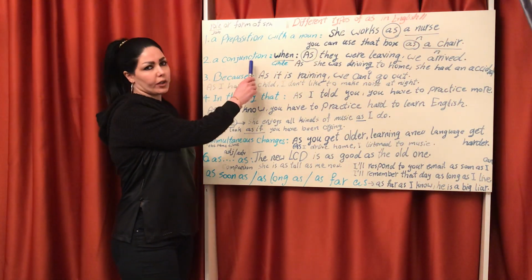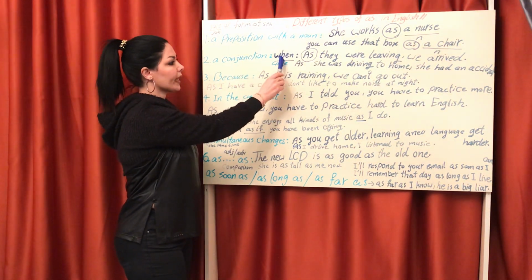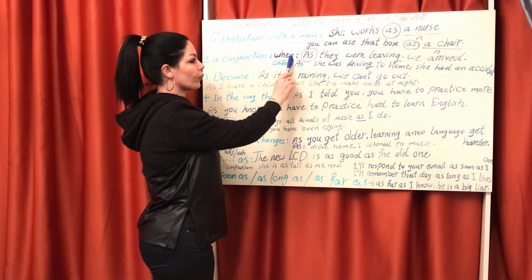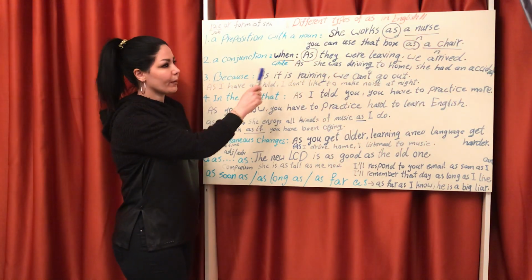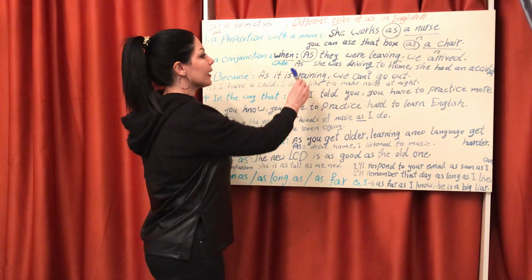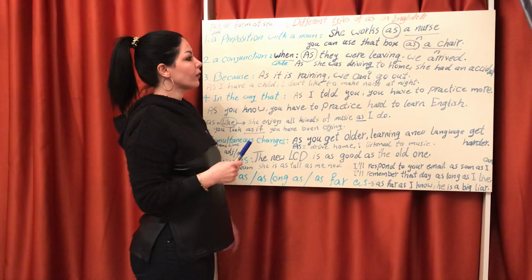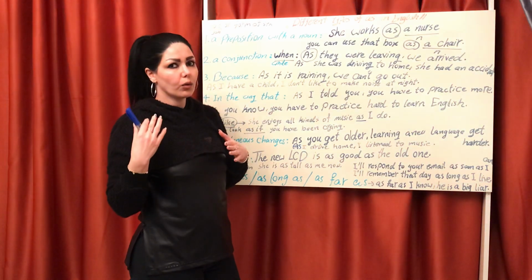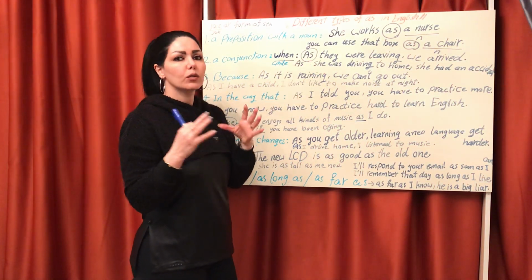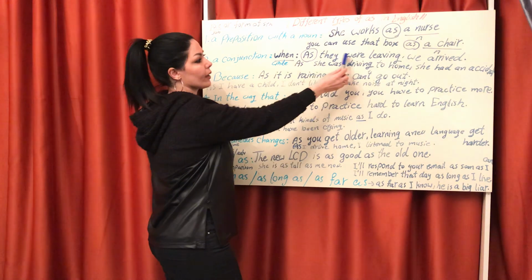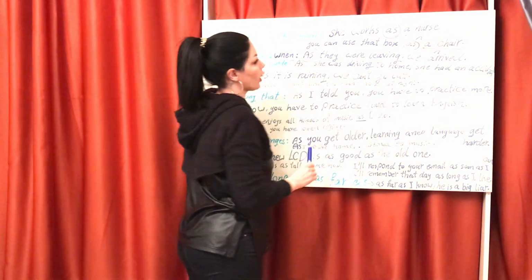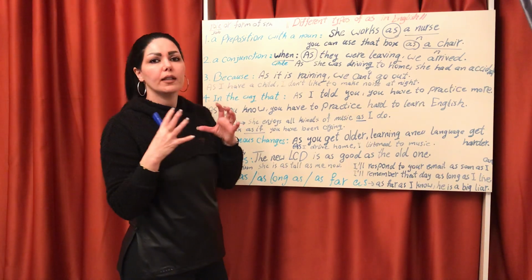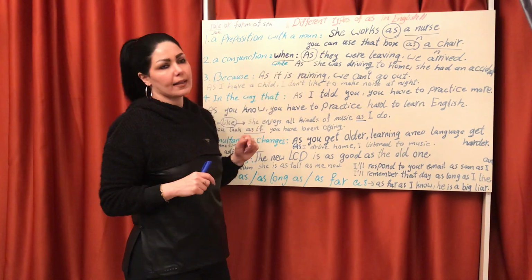Number two, conjunction. Conjunction means "when" or "while". Here we use "as", and the meaning is when or while. In a conjunction we have two clauses, as I told you before, connected together.